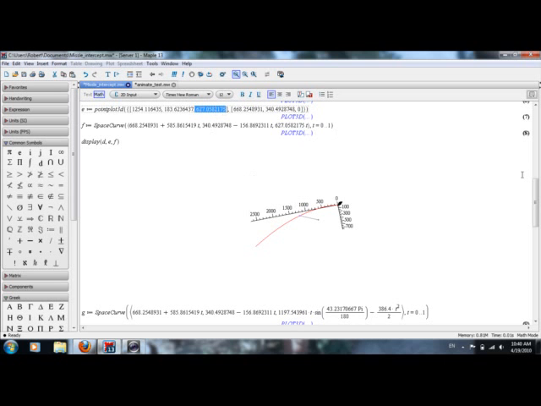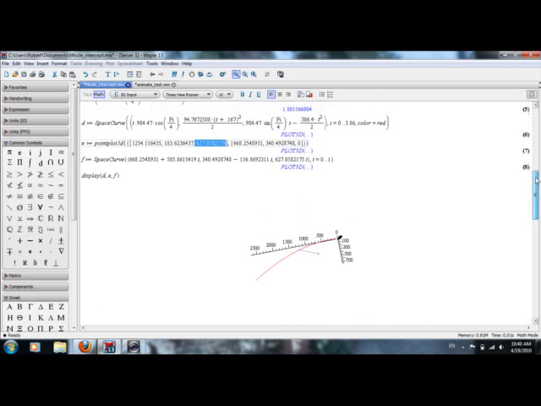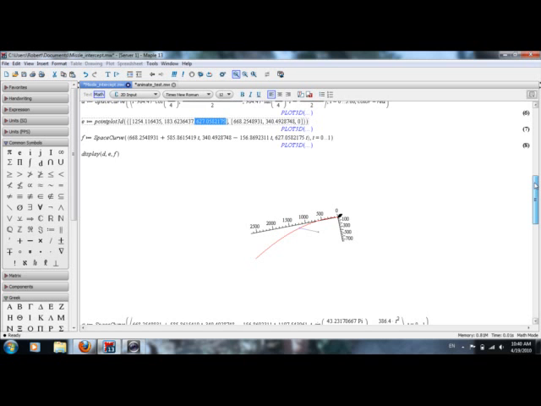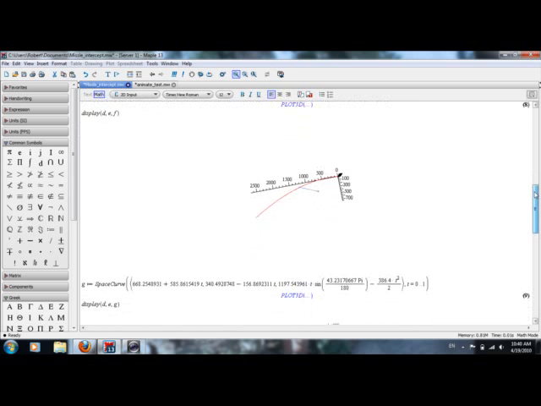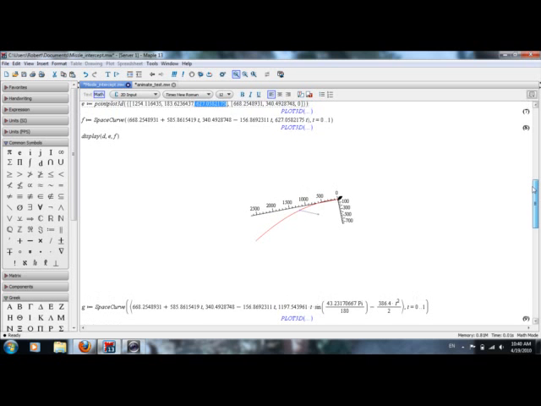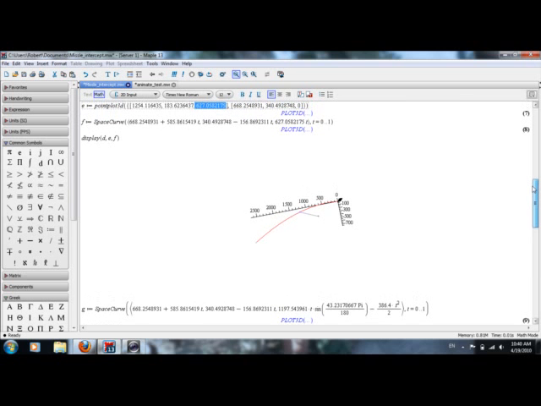I figured that out when I plugged in my t that I found up here into my curve. So then I was able to figure out my angle of initial launch and my initial velocity.